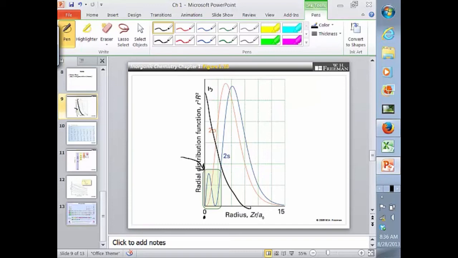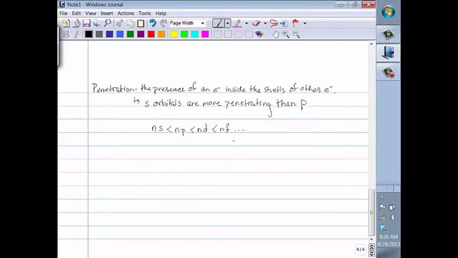The 2s orbital has some of its function closer to the nucleus than the 2p orbital, so the 2s orbital penetrates more than the 2p orbital into the 1s. Following? That's what makes the 2s orbital lower in energy than the 2p orbital, because it can approach the nucleus much better. This is why we have this trend.